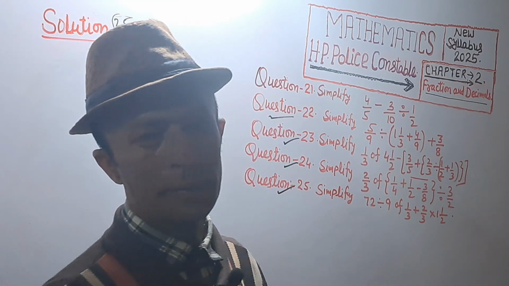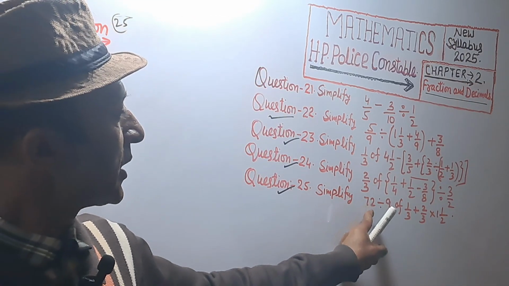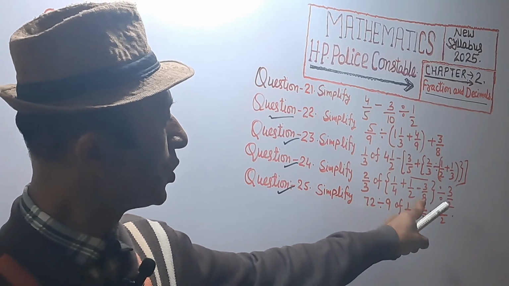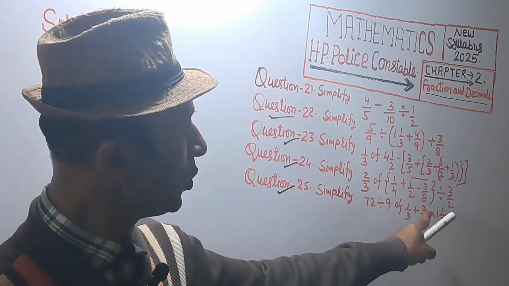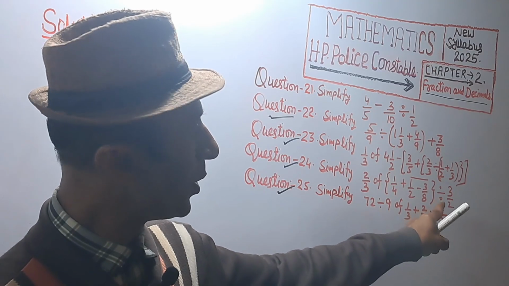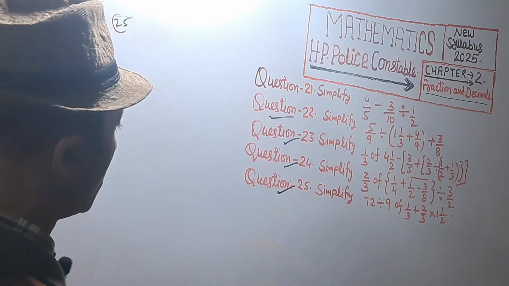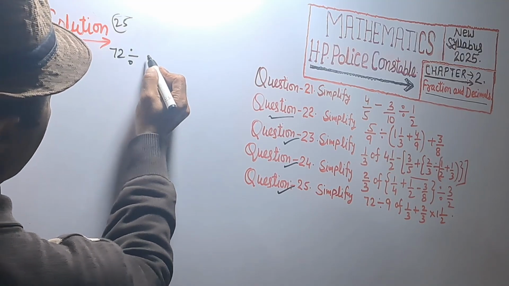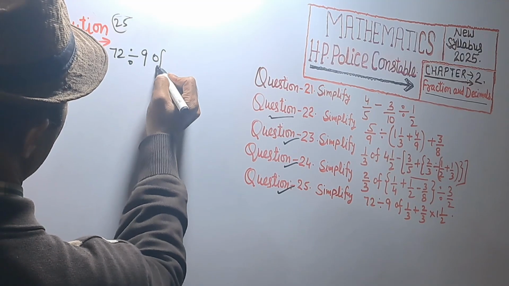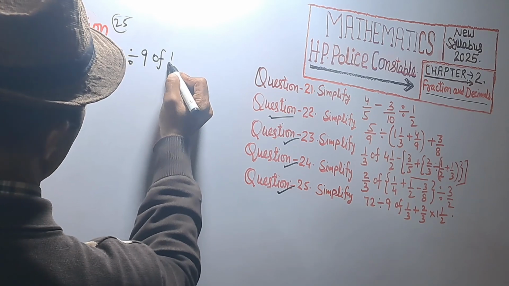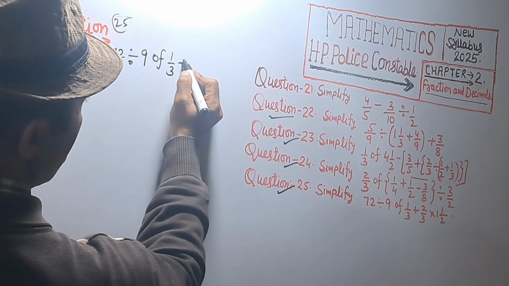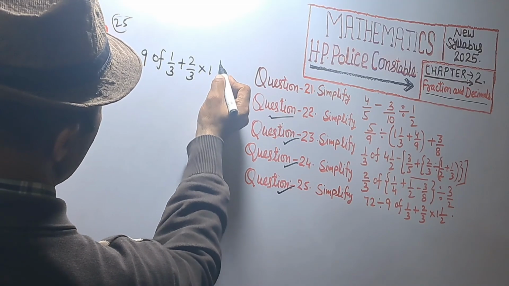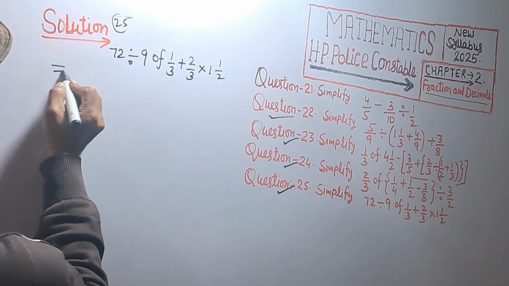Next question is question number 25. Simplify 72 divide 9 of 1 upon 3 plus 2 upon 3 into 1 whole 1 upon 2. Given 72 divide 9 of 1 upon 3 plus 2 upon 3 into 1 whole 1 upon 2.